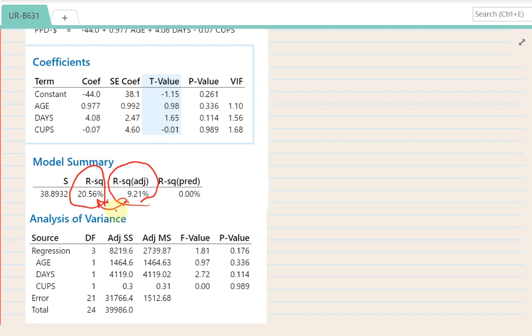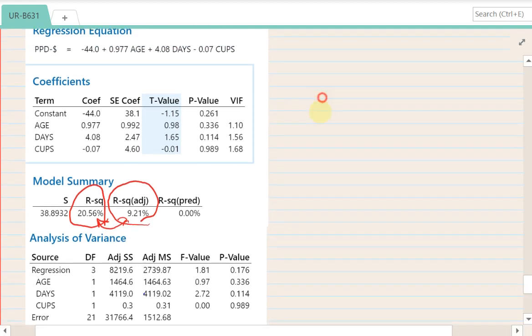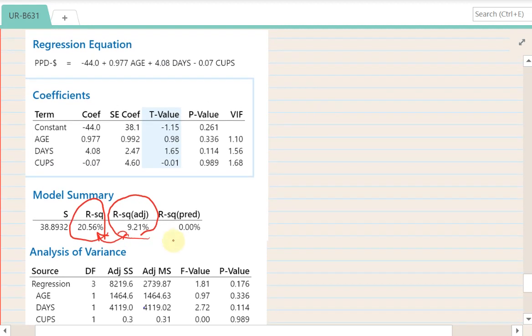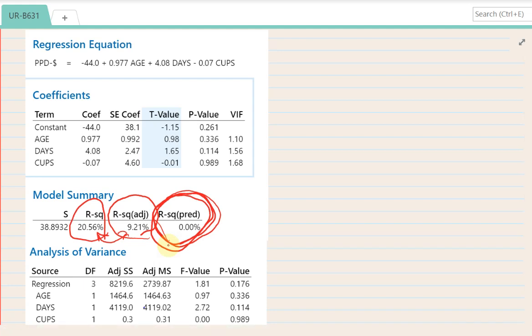And the R squared for predictions, the way they come up with this is that they use the regression model and make predictions for all of those actual observed values with those x1, x2, x3 values. They actually substituted those numbers and they got an entirely new set of predicted values.